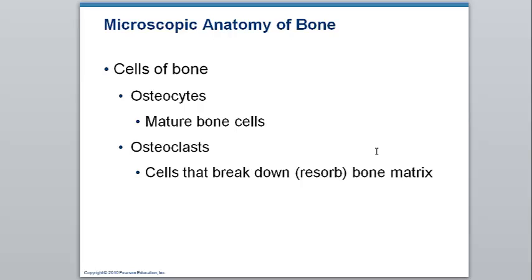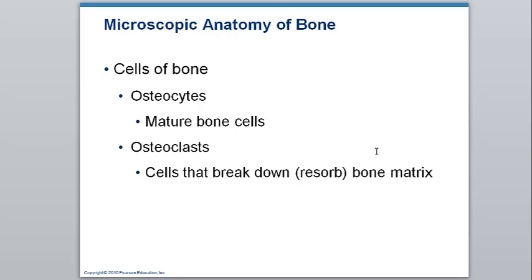As the bone matrix is being formed around the osteoblast, they entrap themselves inside the lacunae, and now they are called osteocytes. They are considered mature bone cells, and they are there to maintain the matrix. They're not going to form new matrix, but they're going to maintain the matrix. That is the function of osteocytes. Osteoblasts, on the other hand, form matrix.